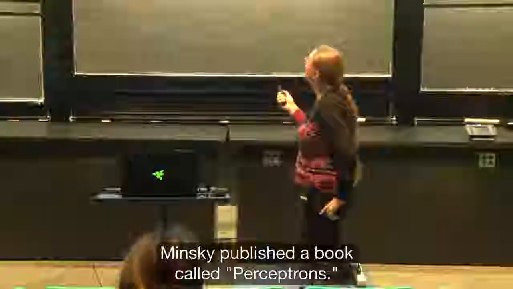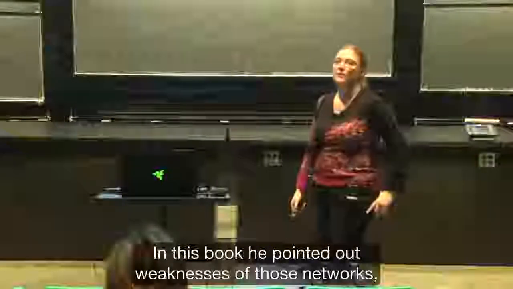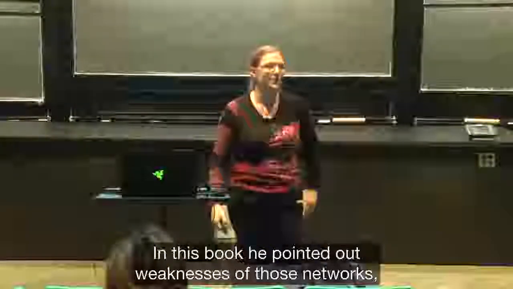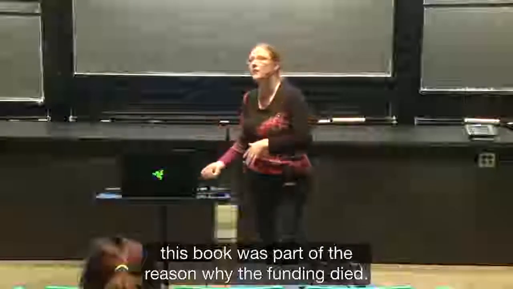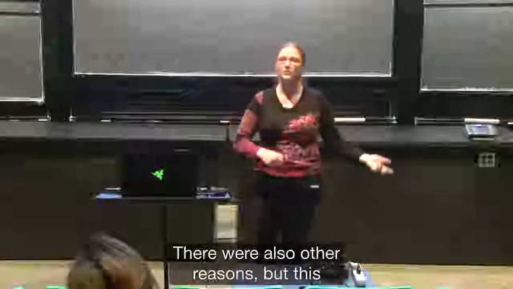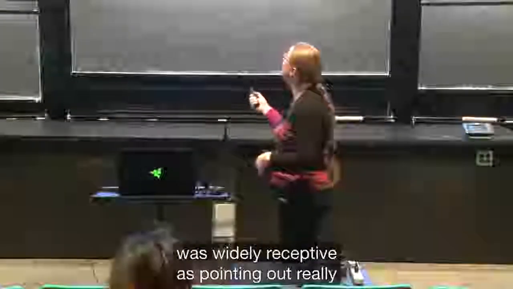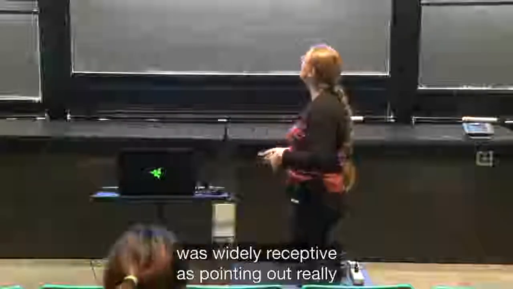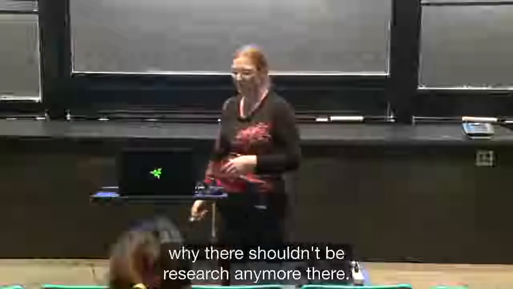Minsky published a book called Perceptrons, and in this book he pointed out weaknesses of those networks. There's debate whether or not this book was part of the reason why the funding died. There were also other reasons, but this was widely accepted as pointing out why there shouldn't be research there anymore.